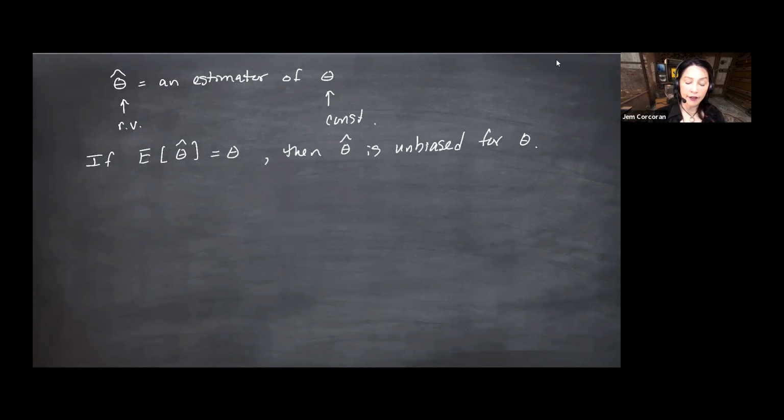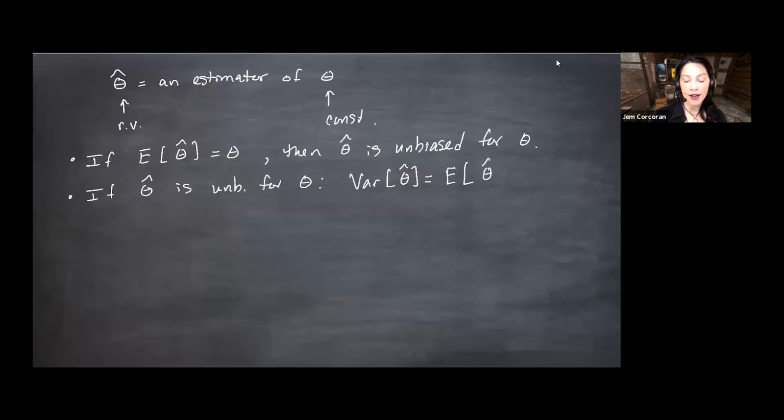And if theta hat is unbiased for theta, then the variance of this random variable theta hat is the expected value of the random variable theta hat minus its mean, which is theta, because we're in the unbiased case, squared.